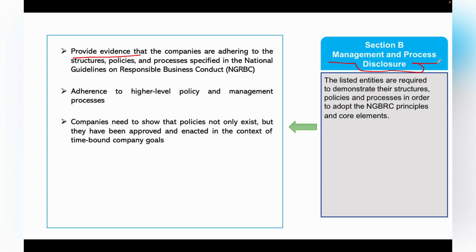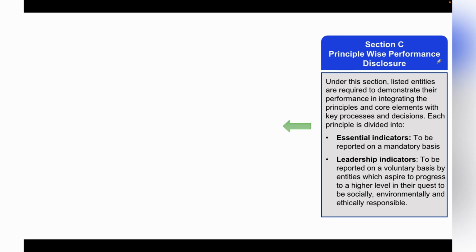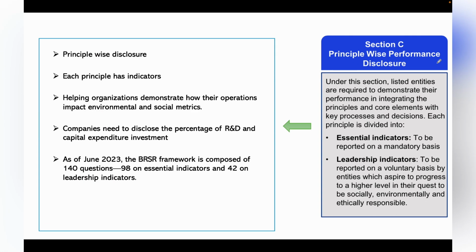And now we will discuss section C, which is the micro level disclosures. Section C reports the principle-wise performance disclosures. Under this section, listed entities are required to demonstrate their performance in integrating the principles and core elements with the key processes and decisions.